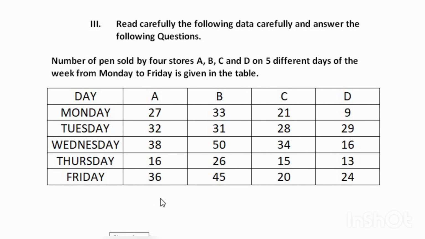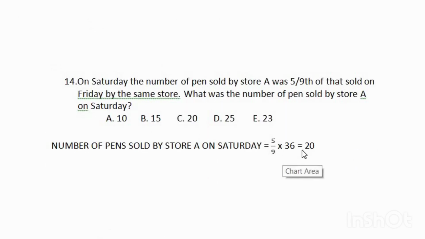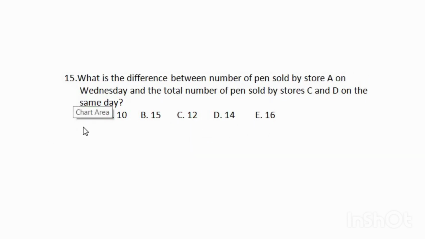So 5 by 9th of that sold in Friday, that is 5 by 9 into 36. So how much is it? 9 gets cancelled, 5 into 4, it is 20. So the number of pens sold by store A on Saturday is 20. Option C.